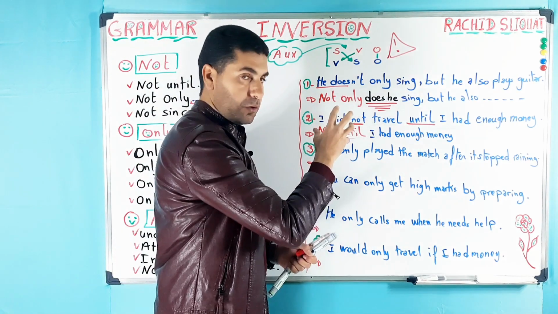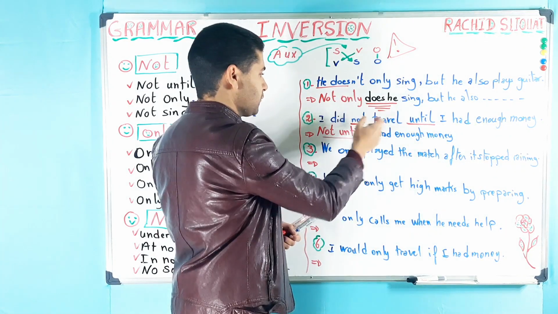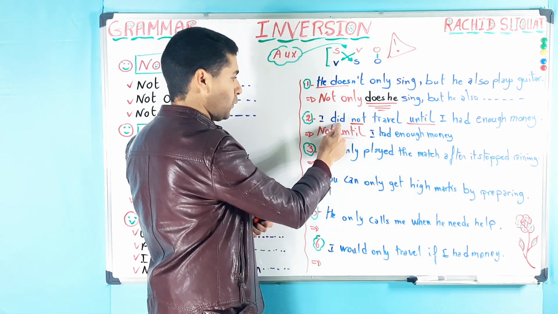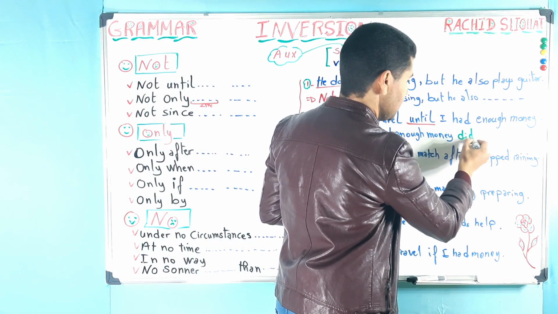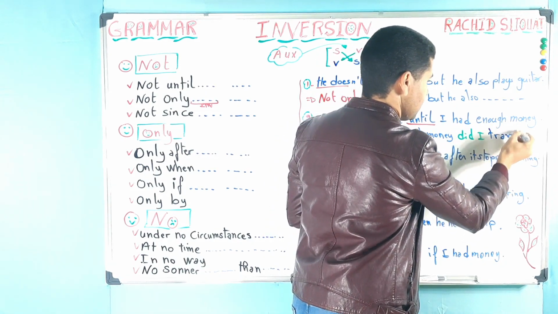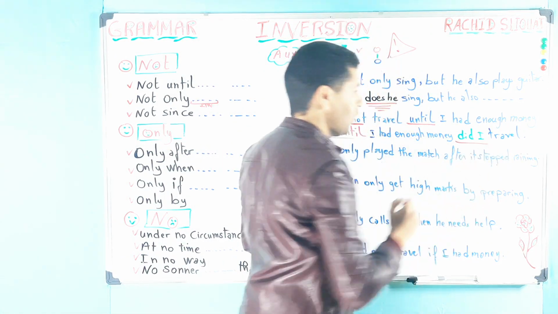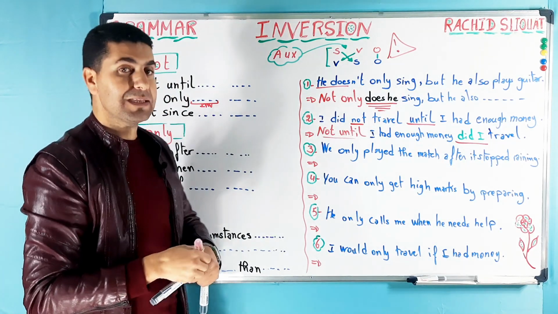The auxiliary verb here is did travel, and the subject is I. So we are going to inverse the auxiliary and the subject: did I travel. Here again, as you can see, we have inversion of did I. Not until I had enough money did I travel.